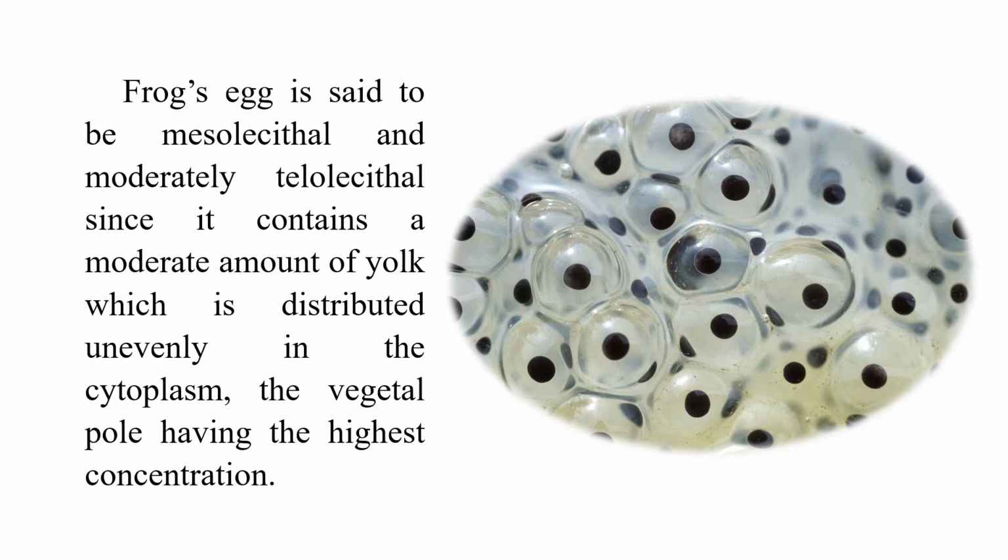A detailed description of mesolecithal and telolecithal egg has been provided in those sessions. So for any further information on these terminologies, you can go back and refer to the 13th and 14th session of the same paper.